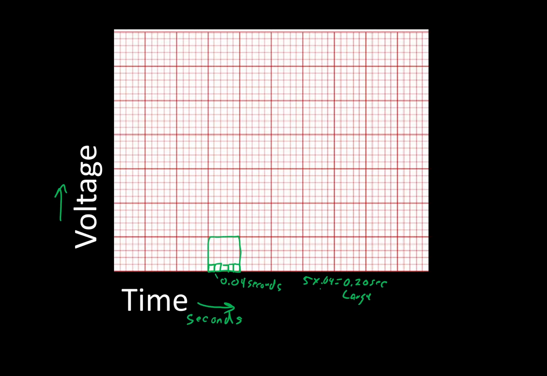Now if you really want to do fun math, and we'll start here and we'll say 1 large box, 2, 3, 4, 5. So 5 large boxes across here. We'll take 5 times 0.2 equals 1 second. So for every 5 large boxes, you have 1 second across the paper.